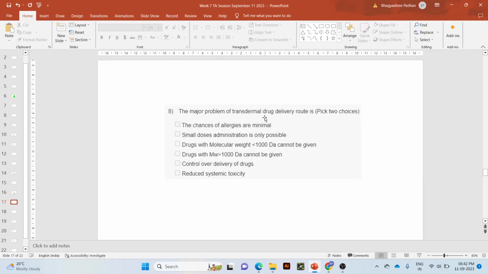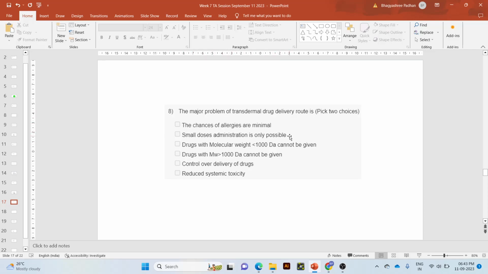The major problem of the transdermal drug delivery route is, you have to select two options. Chances of allergies are minimal. Small doses of administration is only possible. Drugs with molecular weight less than 1000 cannot be given. Drugs with molecular weight greater than 1000 cannot be given. Control over delivery of drugs and reduced systemic toxicity. So the major problem is that only small doses can be administered.